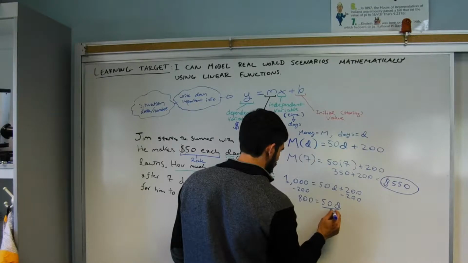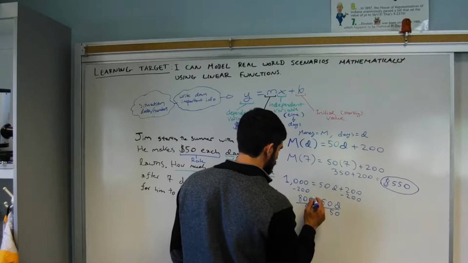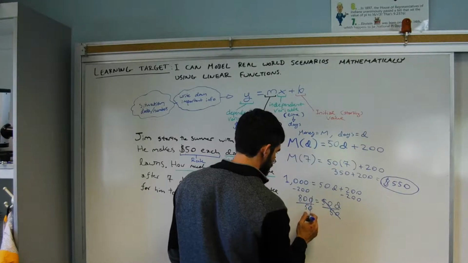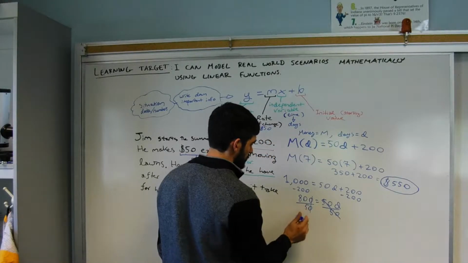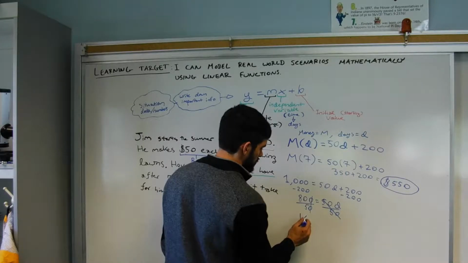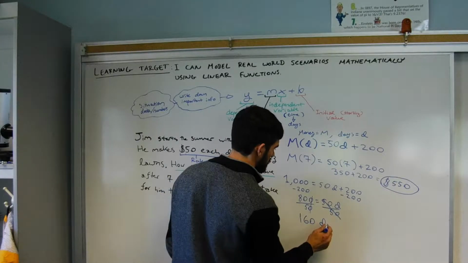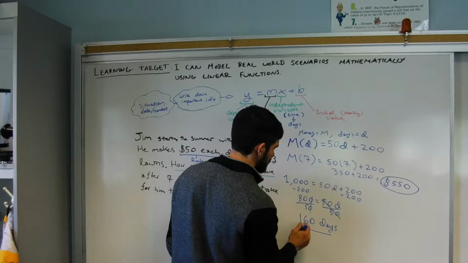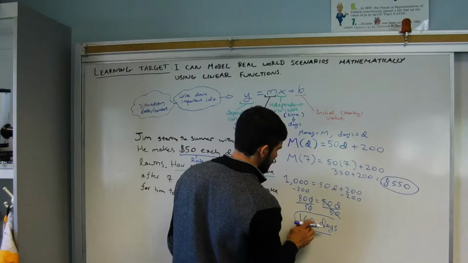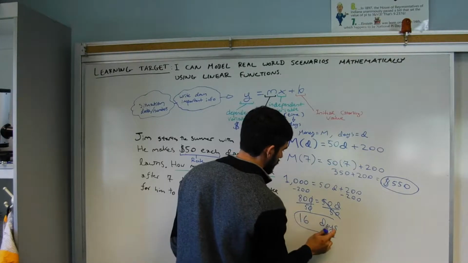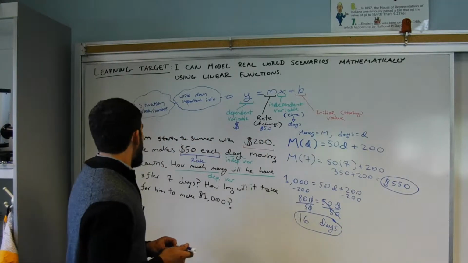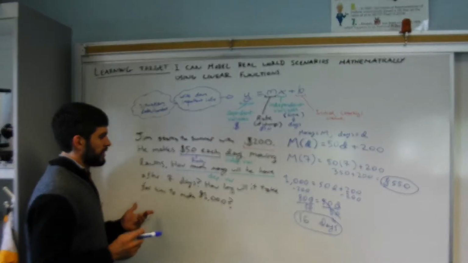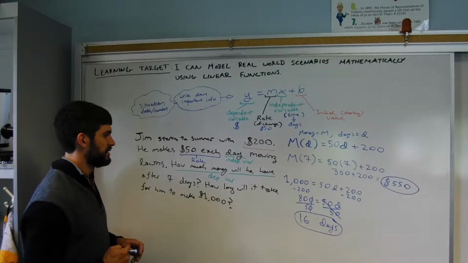Then we could divide each side by 50. Those will cancel. 80 divided by 5 is going to be equal to 16. So we get 16 days. Or not 160, 16, sorry. All our friend Jim has to do is work 16 days, and he'll make $1,000.